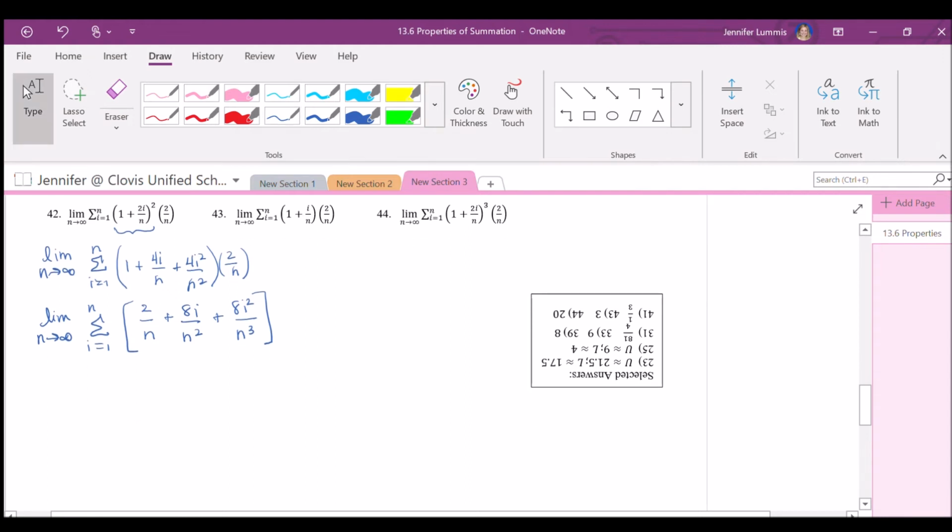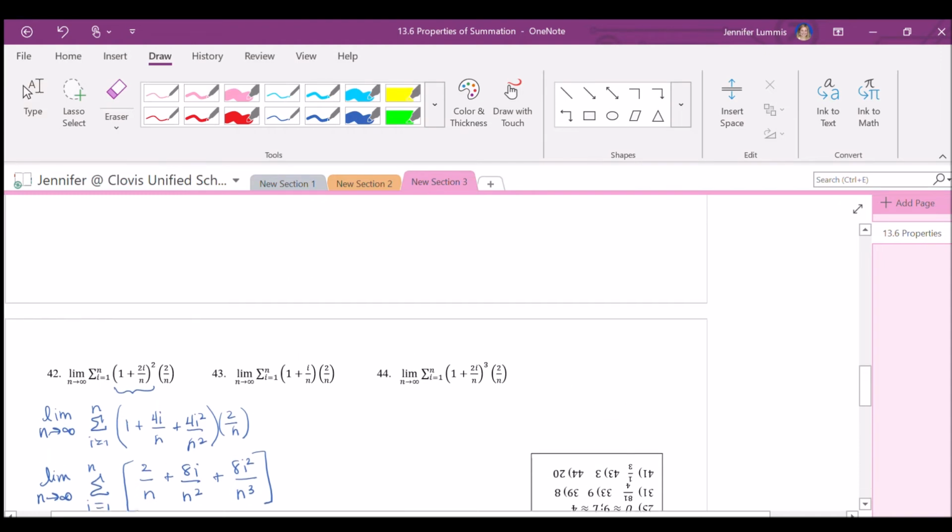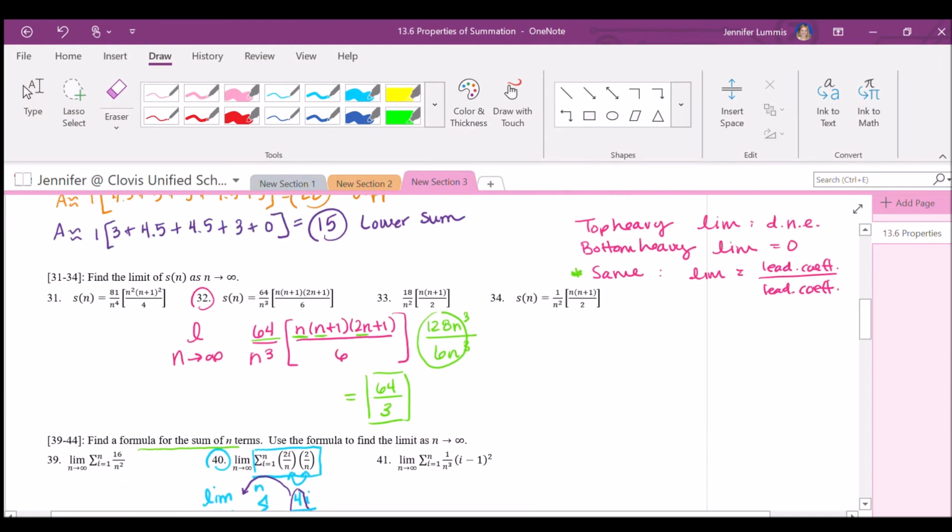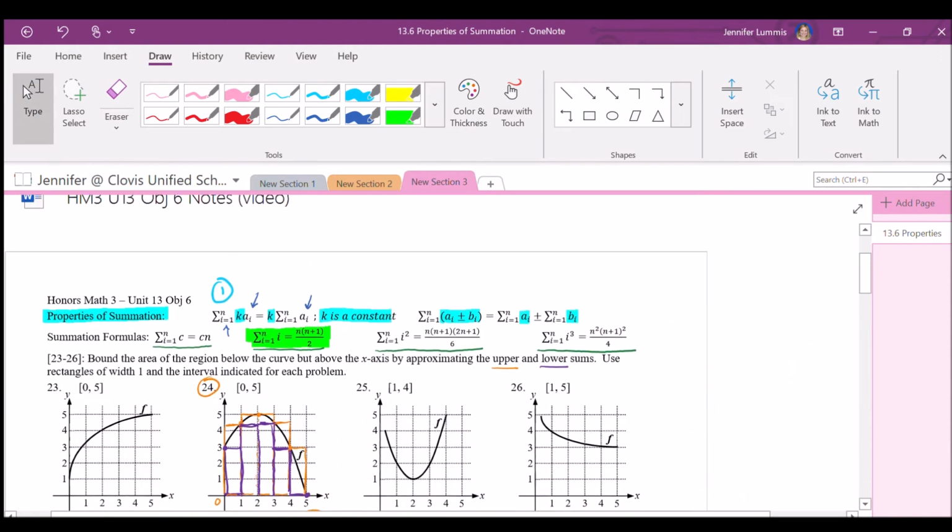The next thing we're going to do is use our two summation properties to split up my sums. We're actually going to start with this one over here and split them up into separate sums. And then what we'll do is work with this summation property to pull out all the constants.